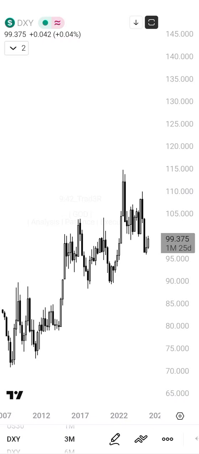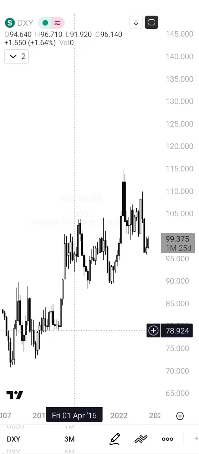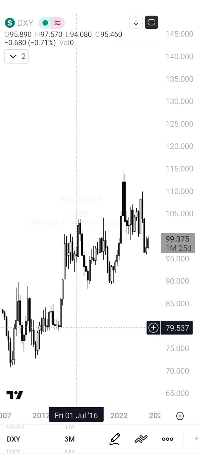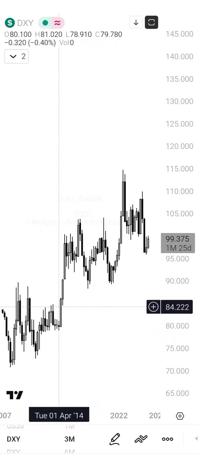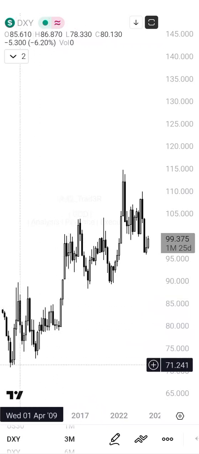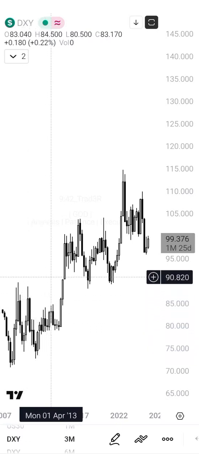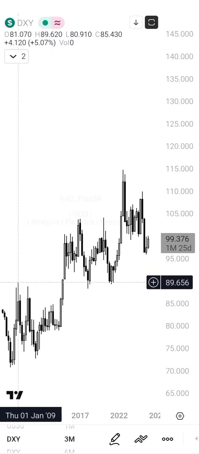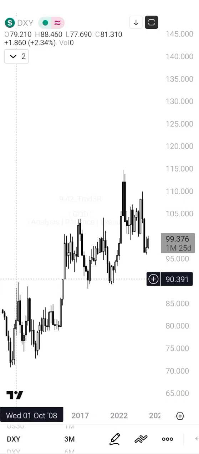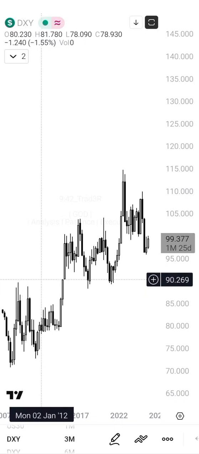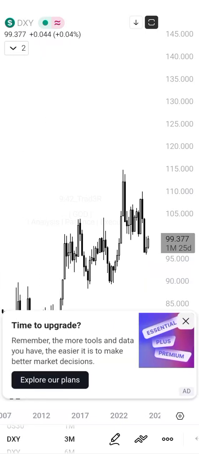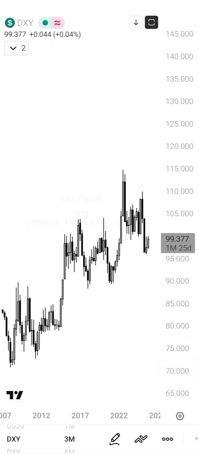Reason number one is price moves to take liquidity below old lows and above old highs. This is a previous low, price took the liquidity and expanded to the upside, took the liquidity above these highs. So that is reason number one, price moves to attack liquidity above and below old highs and lows.